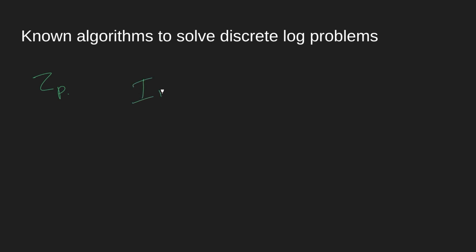One particularly interesting case is the index calculus. If you choose a prime number of 200 digits, about 10 to the power 200, or less than that, this algorithm can easily solve it using modern computers.